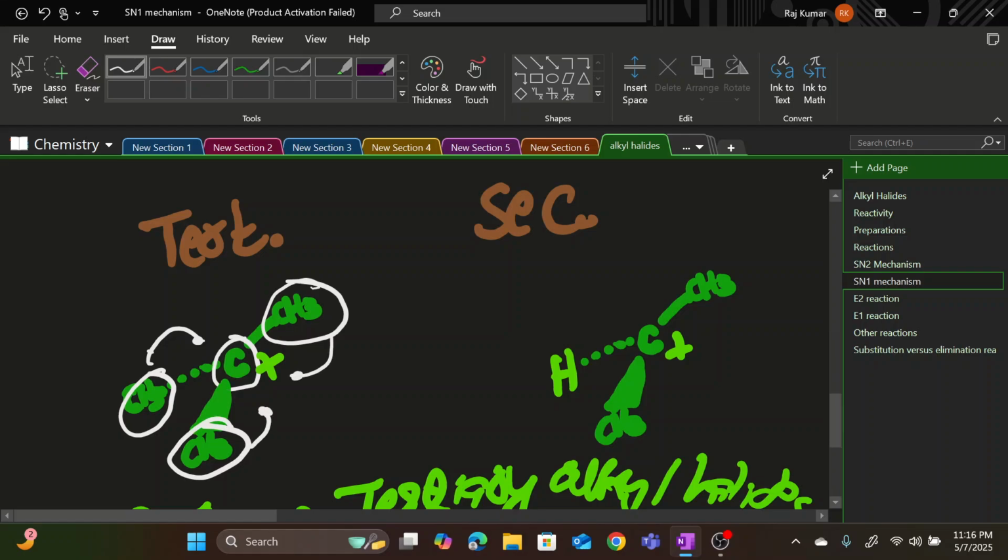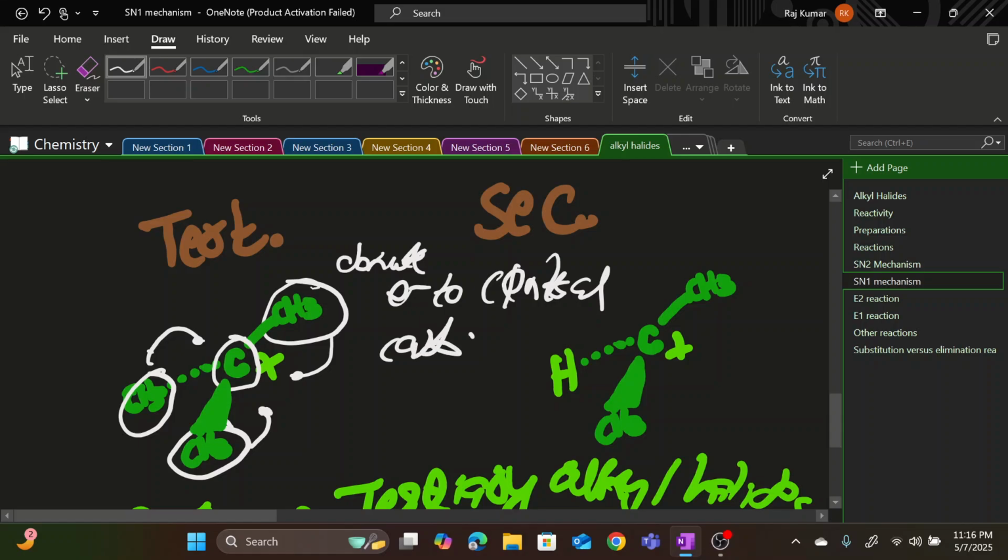The central carbon is going to be affected by these groups. What these groups do is donate electrons to the central carbon, due to which the central carbon becomes less positive. Its positivity decreases.